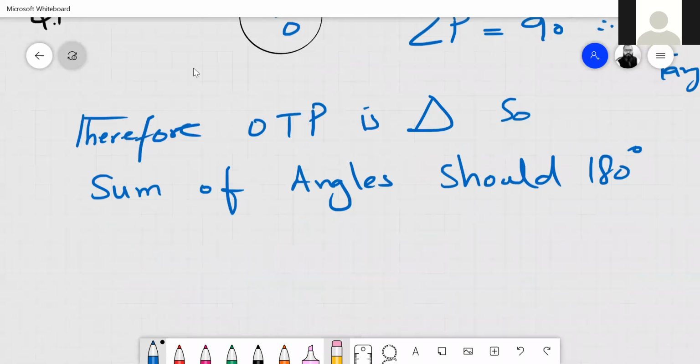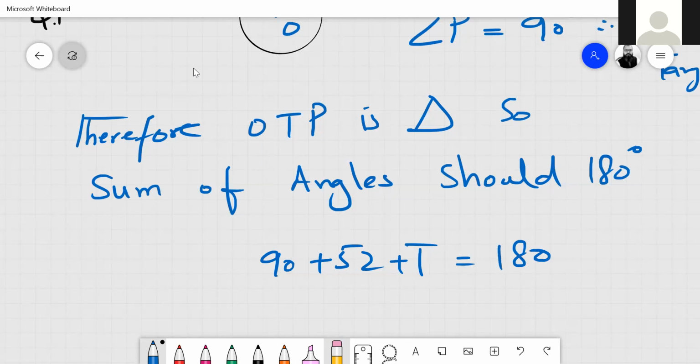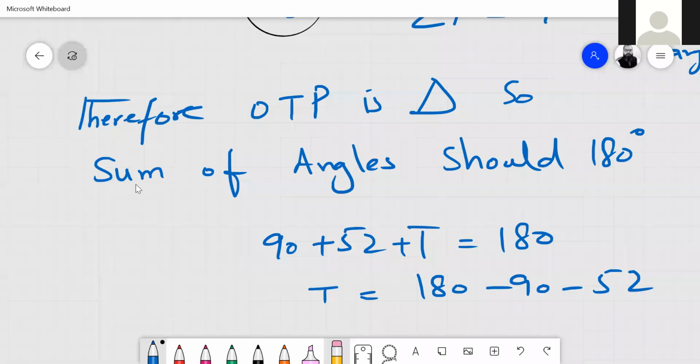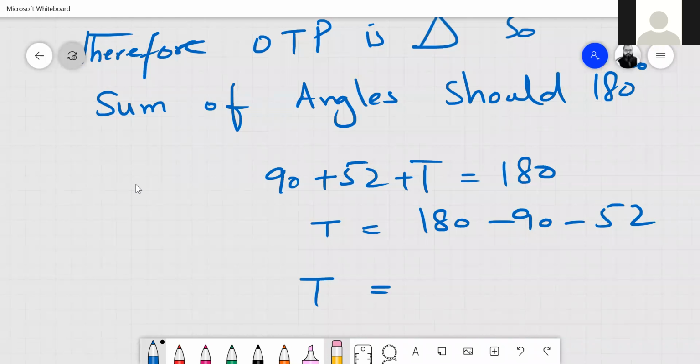What will be the third one? 90 plus 52 plus T, sorry, not P, equals 180. So T will be 180 minus 90 minus 52. What will be the value of T? 38. Yes. Okay, this is the solution for this question.